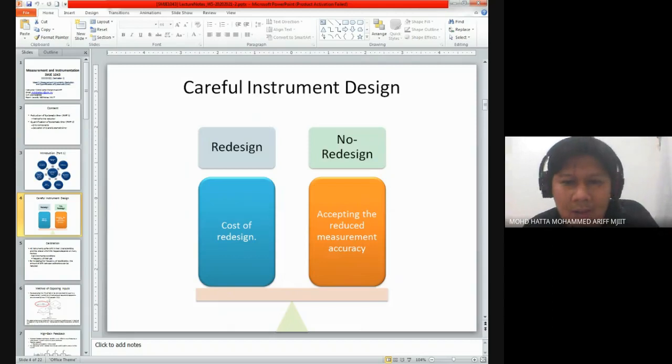Okay, here are the factors for reducing our systematic error. First, maybe we will consider redesigning our instrument, but bear in mind that if you try to redesign our instrument, it will involve cost.